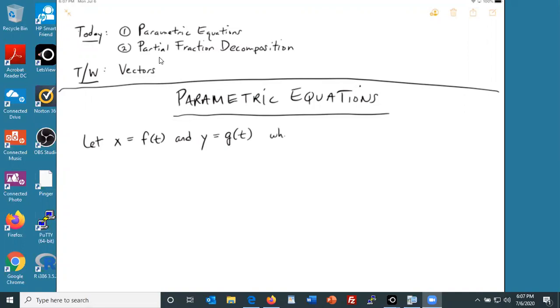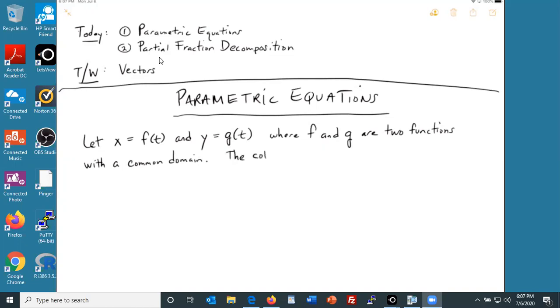So where f and g are two functions. Notice these are two separate functions, but we're going to be relating them to x and y. So these are two functions with a common domain. All right, that just means that they have the same domain.